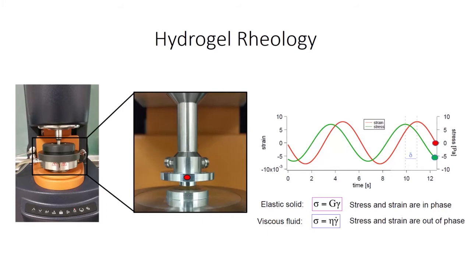If the stress and the strain are completely out of phase, so 90 degrees out of phase, then that means you have a viscous fluid, so like water. However, hydrogels are some mixture of the two, so they are considered viscoelastic materials. They are not governed completely by viscosity or by the shear modulus. They are more governed by the G prime and the G double prime that I mentioned before. And I'll go into some of the specific tests we do for rheology.